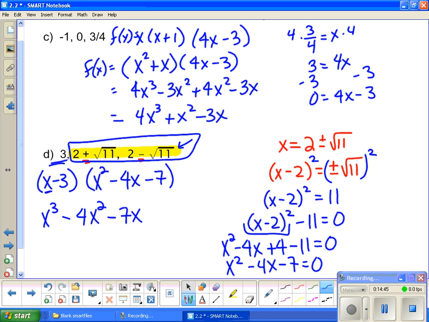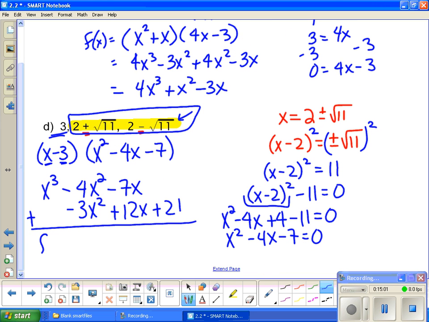So I distribute the x. Now I'm going to distribute the 3, but I'm going to write it underneath there. Minus 3x squared plus 12x plus 21. Okay, now I'm going to combine my like terms. So my function, f of x, is equal to x to the third minus 7x squared plus 5x plus 21.